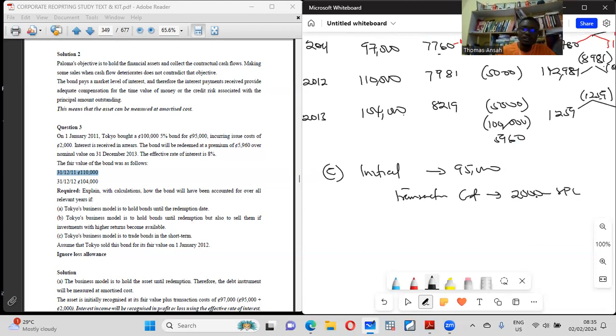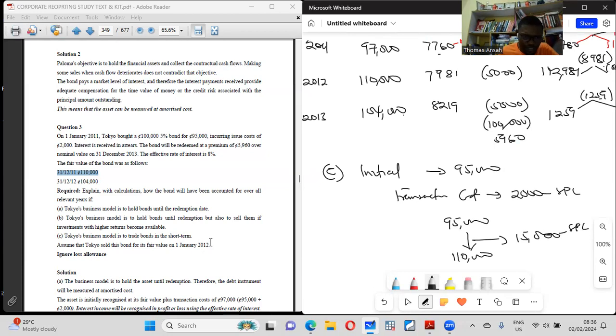So that is that. Then subsequently, we knew that at the beginning it was 95,000. It is tradable. And they said that, so in 2011, 110 here. So you know that the 15,000 is going to P&L. That's all.